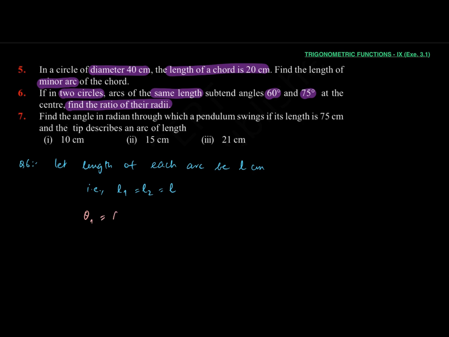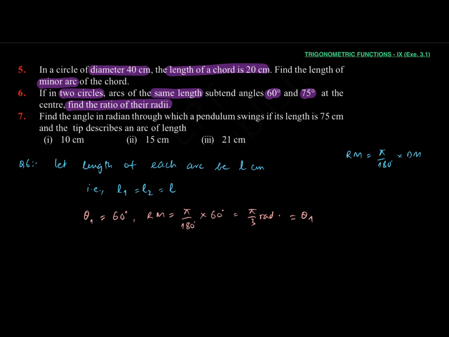Now here theta 1 is equal to 60 degrees. Now let us convert this very angle in radian measure. As we know that radian measure is equal to pi over 180 times degree measure. So in radian measure, 60 degree will be equal to pi over 180 into degree measure, that is 60 degree, and this will be equal to pi over 3 radians.